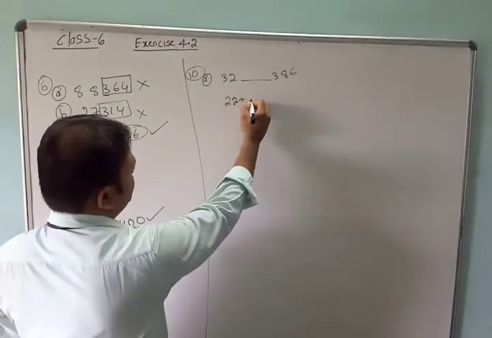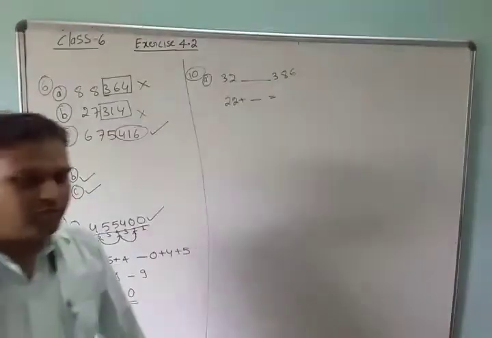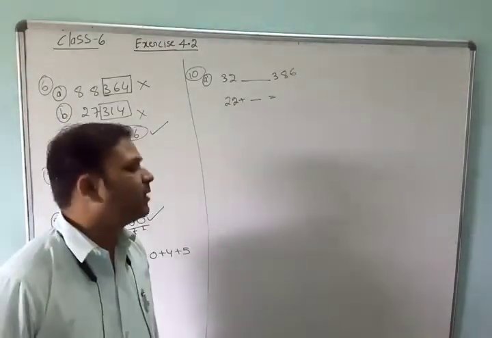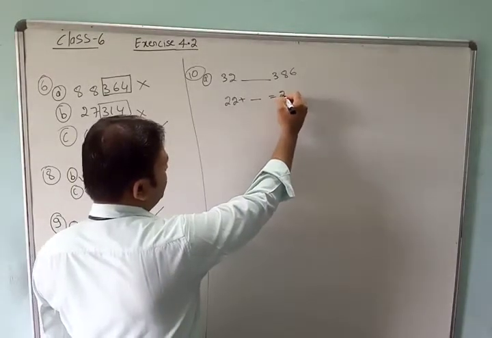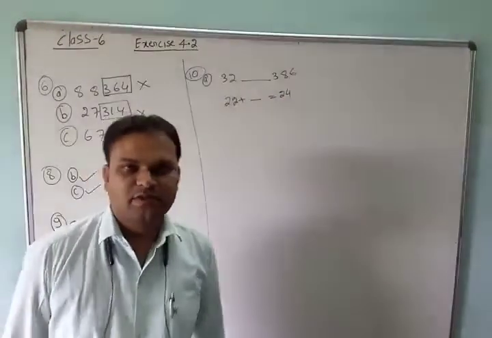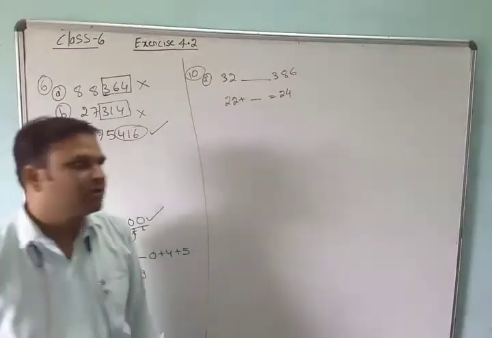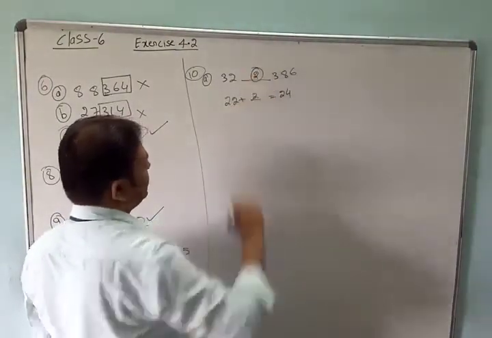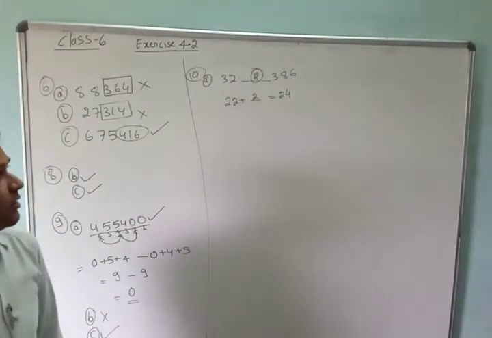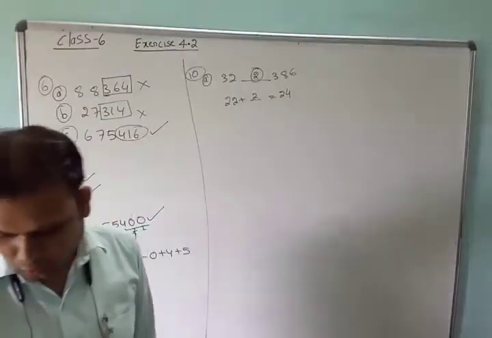So what should we add to 22 so that it becomes divisible by 3? The nearest next number is 24, which is divisible by 3. So we have to add 2. If we add 2, then the number is divisible by 3. So our answer is 2.